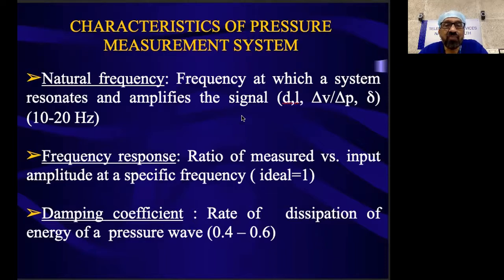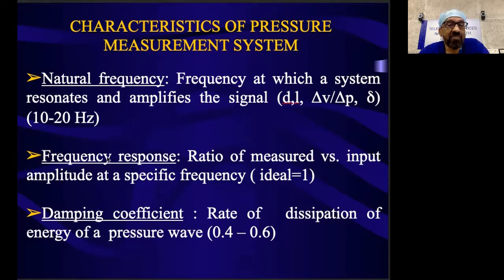This is dependent on the diameter, length, compliance, and density of fluid contained in the system. The larger the diameter, the lesser the length, the lesser the compliance of the tubing, and the lesser the density of the fluid contained in the system, the better it is for accurate reproduction of the arterial pressure reading on the monitor.